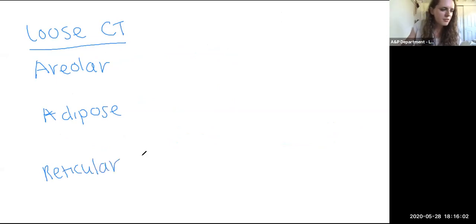Okay, areolar connective tissue. There are like 6 functions you see in your book. It's kind of like a filler. So it holds fluid in place. It absorbs shock. It's found under tissue. This is just kind of your filler tissue.